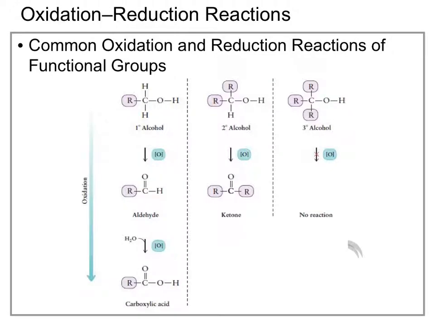Here we see several different types of carbonyl compounds. We can see that if we have a primary alcohol which undergoes oxidation, we're going to form an aldehyde. And we can see that our carbon atom has decreased its number of hydrogens, going from the alcohol to the aldehyde, and so that is one way to know that it has been oxidized.